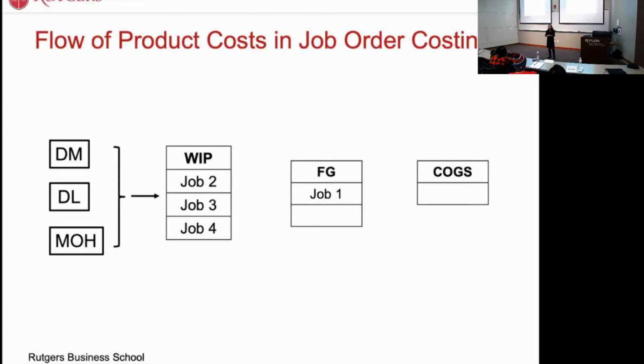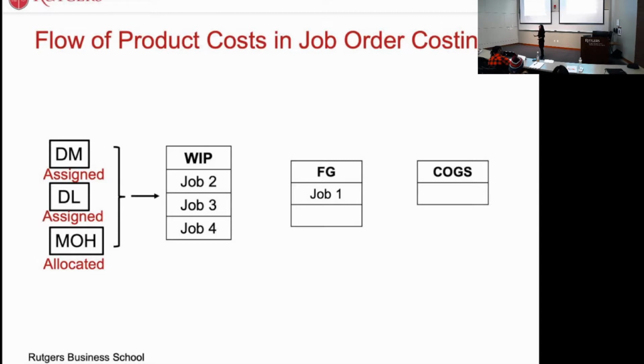And then the second step and the third step is to assign the direct costs to the jobs, to the working process, and we allocate the overhead to the working process. And now you may ask me, why do you use the word assign for the direct cost and the word allocate for the overhead?